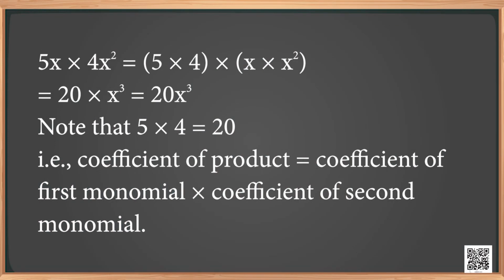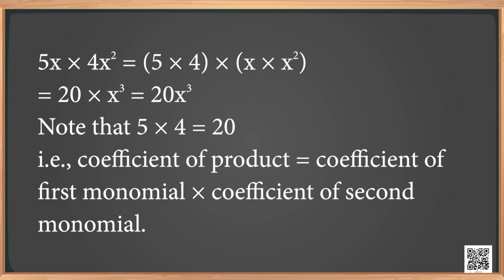5x into 4x square is equal to 5 into 4 times x into x square, which is equal to 20 into x cube, that is 20x cube.